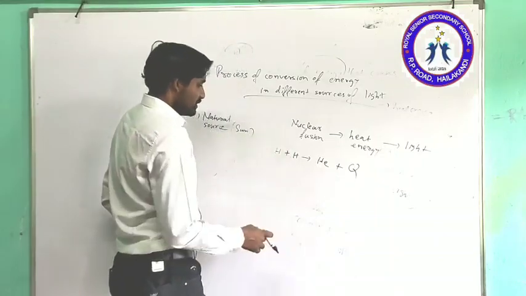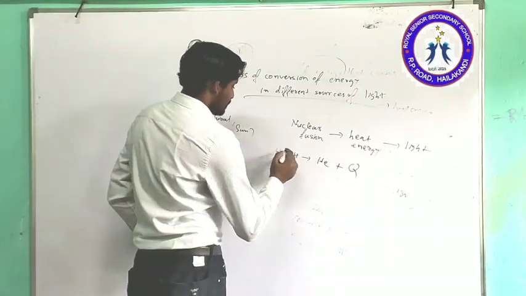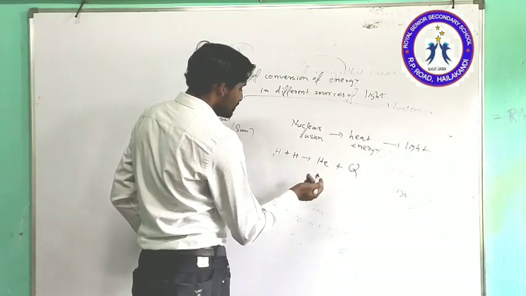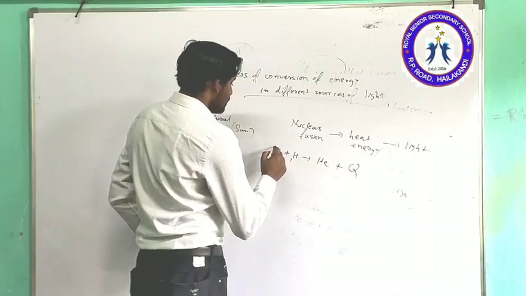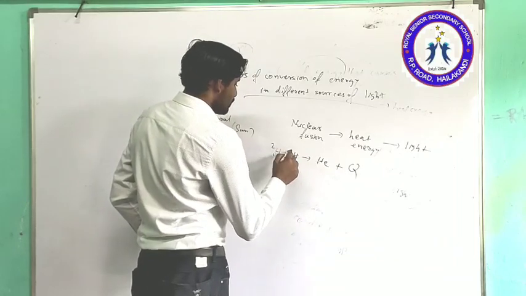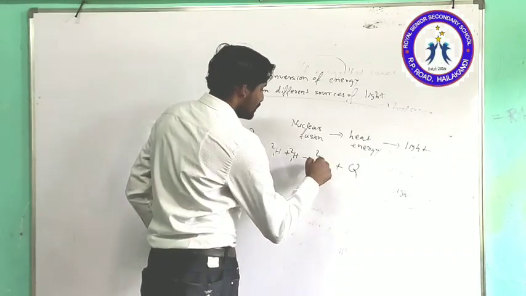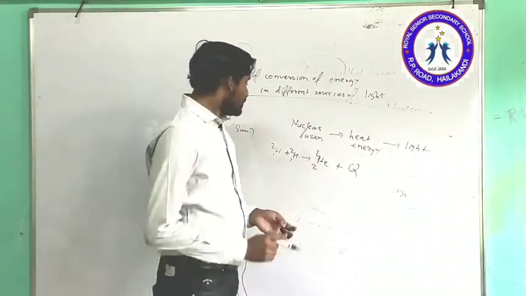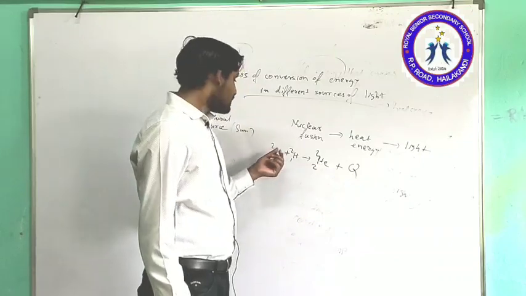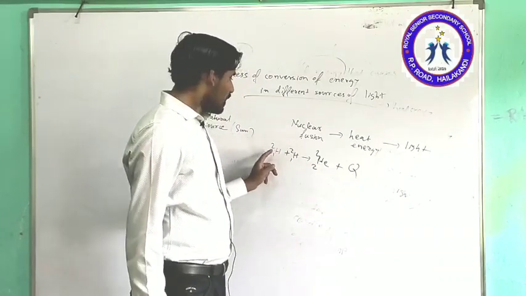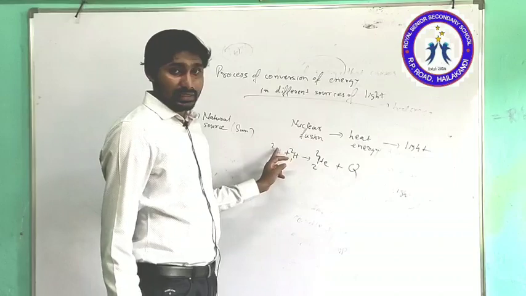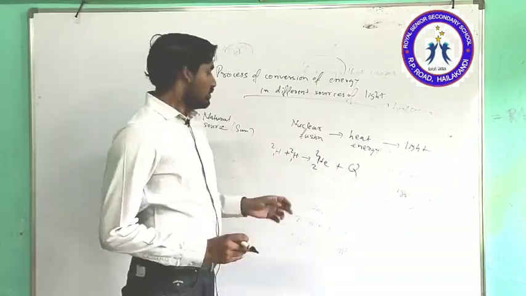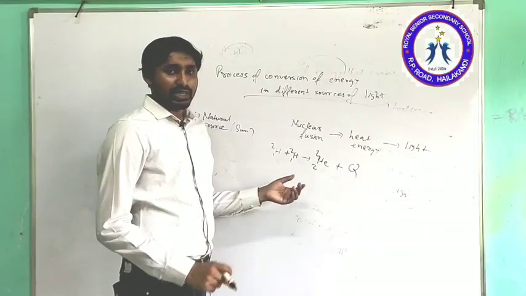If we balance that reaction, the hydrogen atomic number is 1, mass number 1, but here it is 2. Helium's atomic number is 2 and atomic mass is 4. Here you may ask, sir, why is the mass number 2? We know there are three isotopes of hydrogen: protium, deuterium, and tritium.